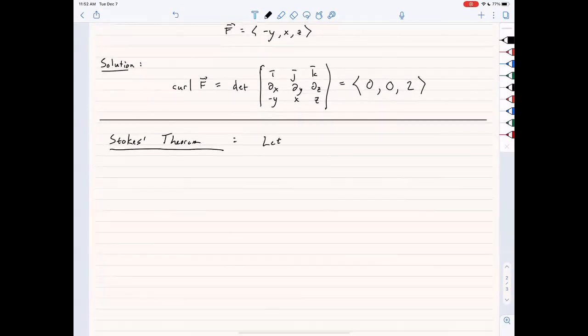So let's let F, I want to use F actually, not a fan. I'm going to write A. Let A be a differentiable vector field, meaning all the components are differentiable in R3, 3 space.